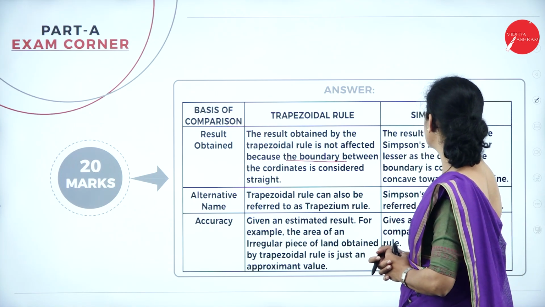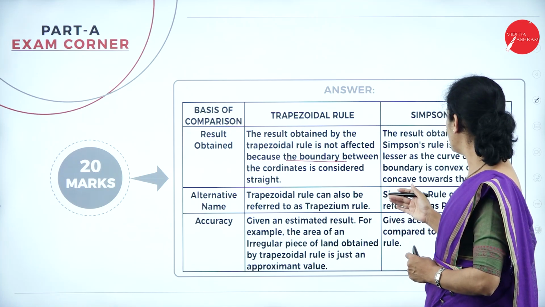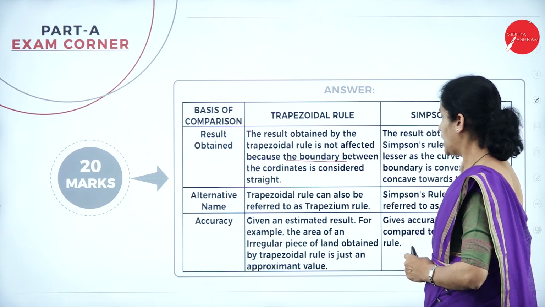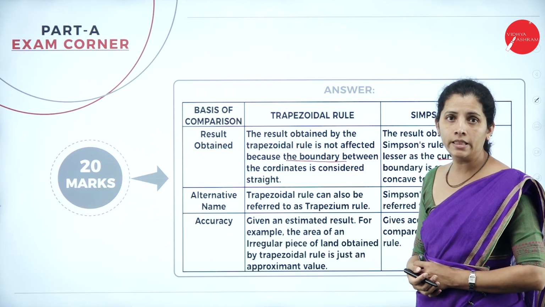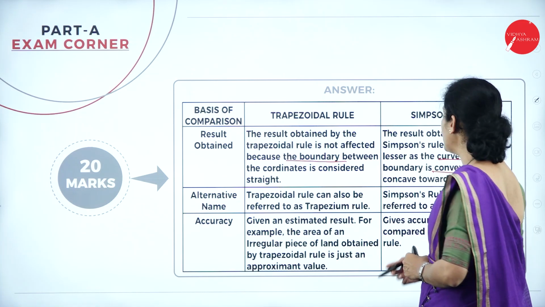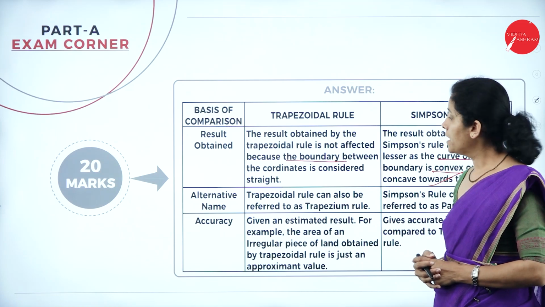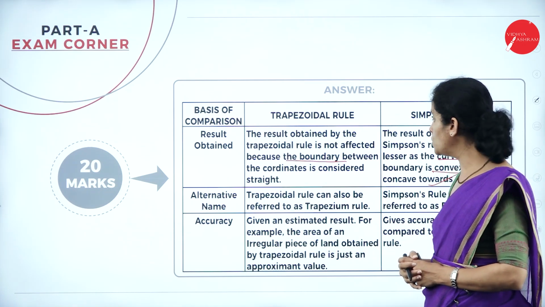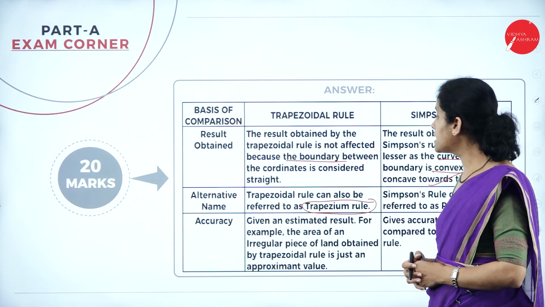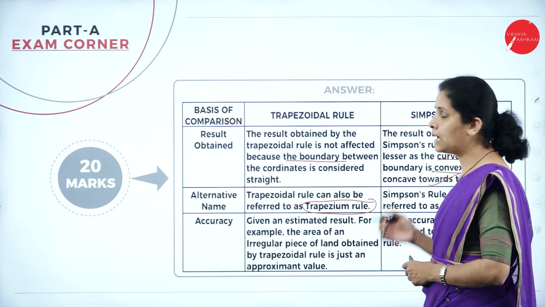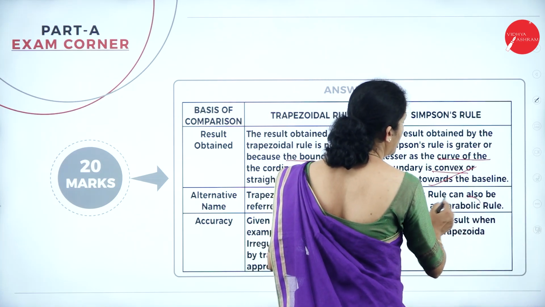If I consider Simpson's rule, whatever result we obtain is completely based on the curve of the boundary, that is, convex or concave towards the baseline. The trapezoidal rule is also called the trapezium rule. Simpson's rule is called the parabolic rule.